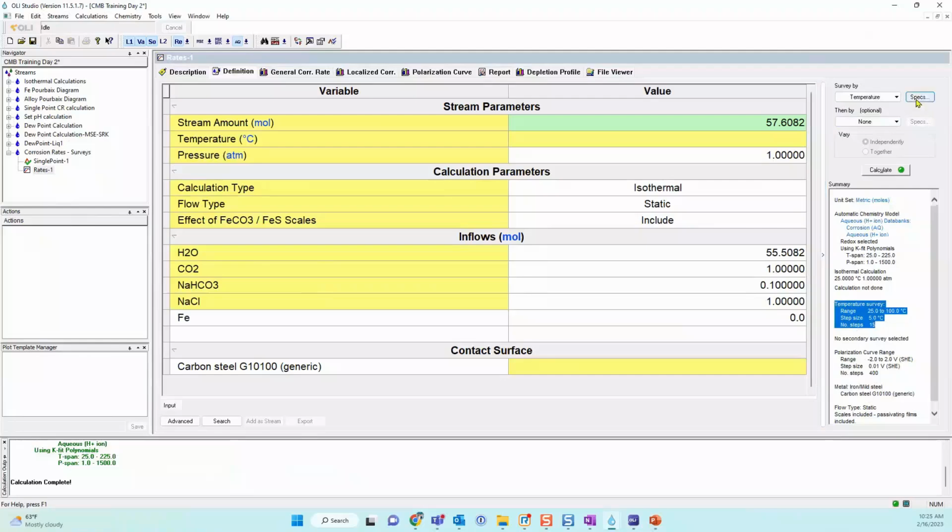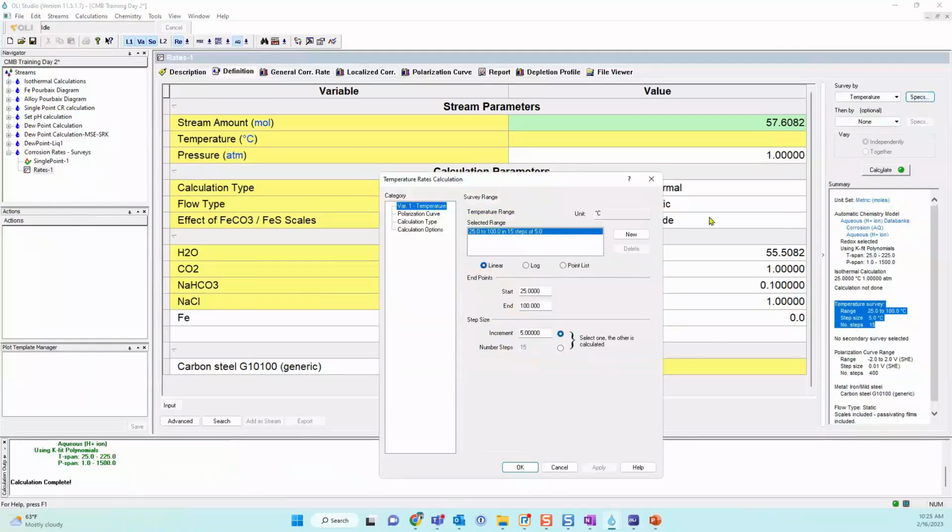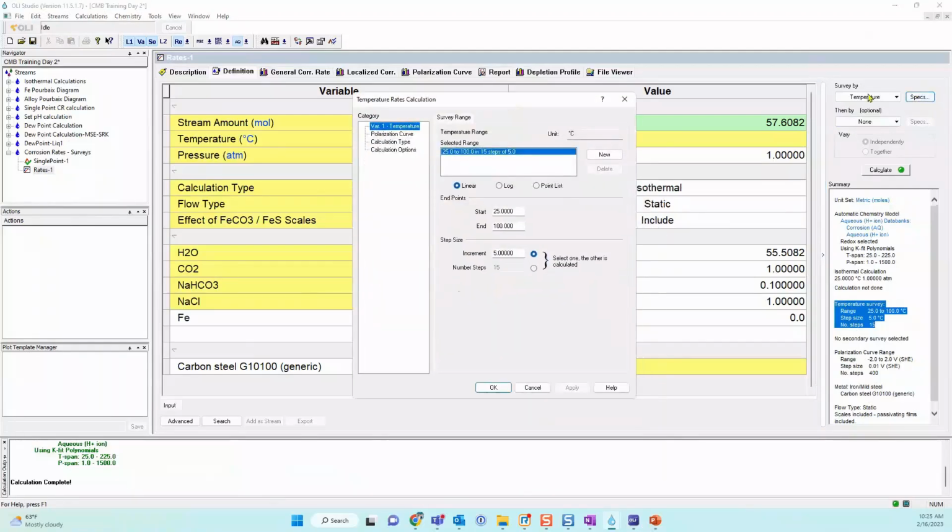So you go to specs, which is right in front of temperature. And in here, this new window appears, and you can change your defaults. So maybe we want to study this going from 0 degrees C to 60 degrees C. Now, one important thing to highlight here is we cannot go higher than 100 degrees C. Why?